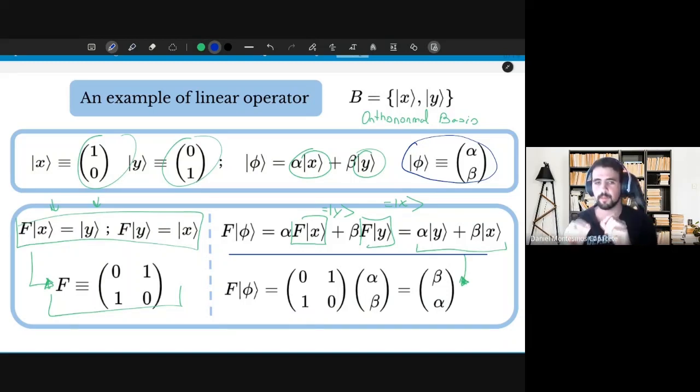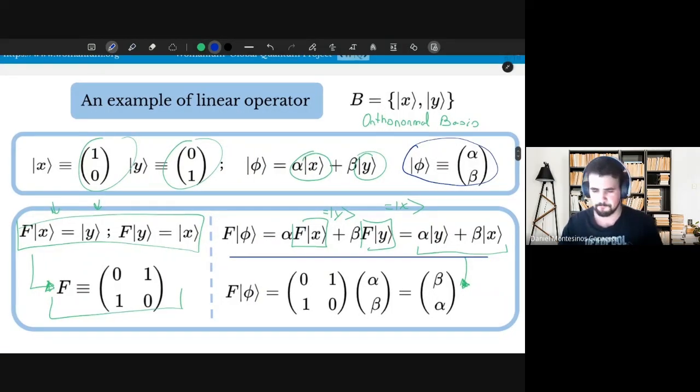So the matrix representation can be different depending on the basis that you're using, but the vector is the same, right? So the representation of your vector and your operator must be in the same basis, because if not, you are going to get a wrong result.